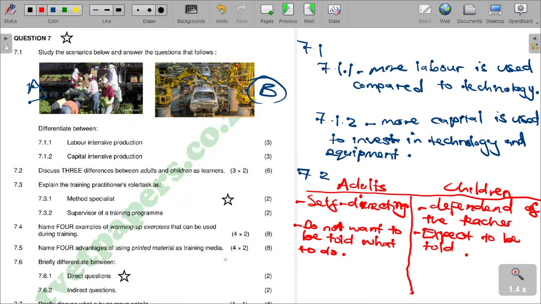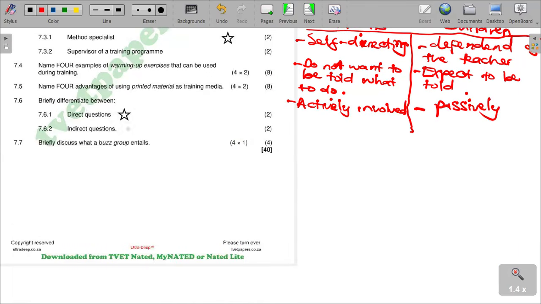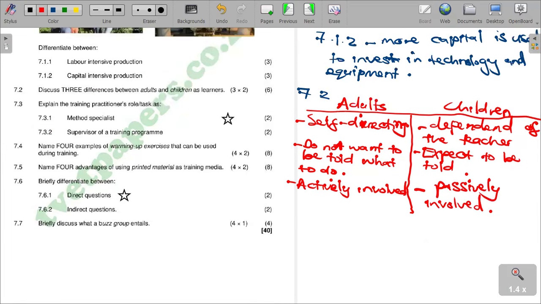And then you can find that adults are actively involved in the learning, but children are passively involved. So that's the difference between children and adults, right?